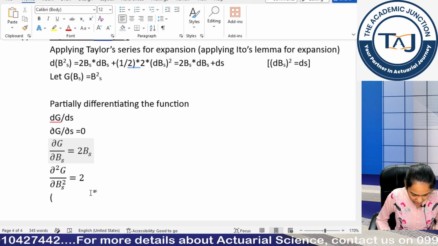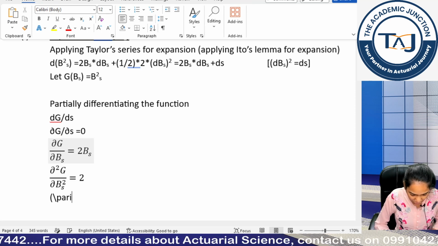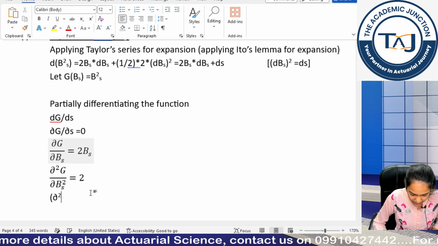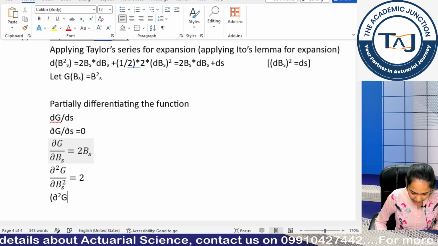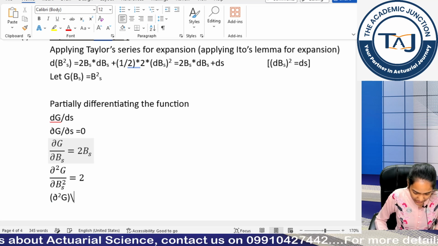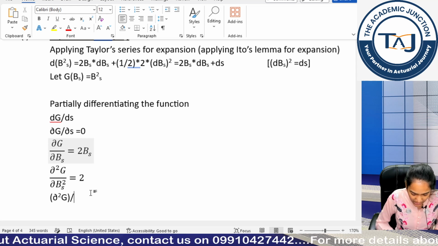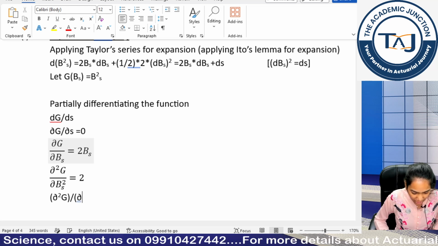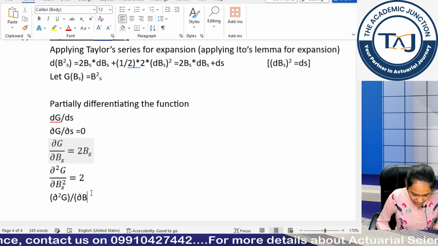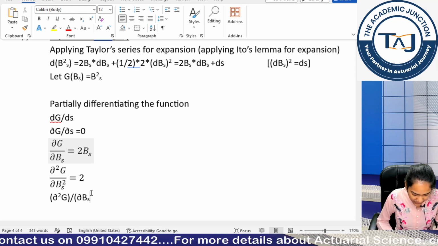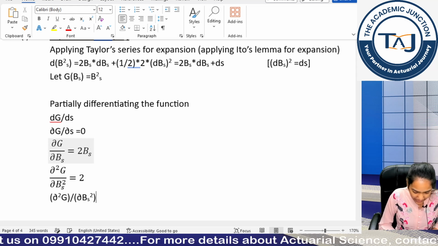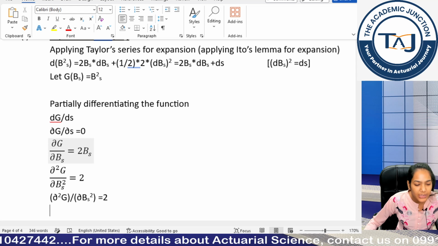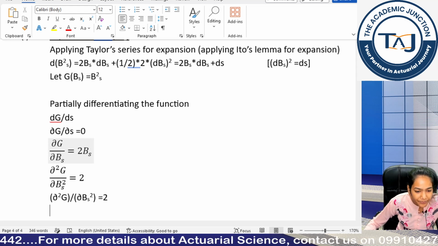So I will use backslash partial square, control shift plus square G by, this is my numerator, this is my fractional sign, this is the start of my denominator, backslash partial, then we have dBS, right? So control shift minus dBS, then we have square, control shift plus square, then brackets close, this is equal to 2. So you can write it this way as well. Clear?